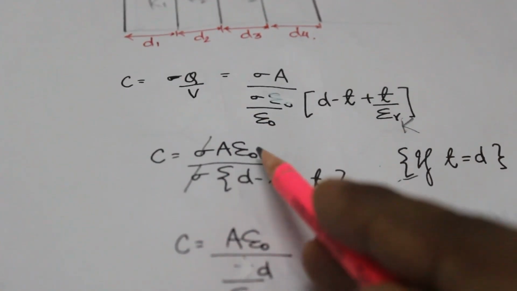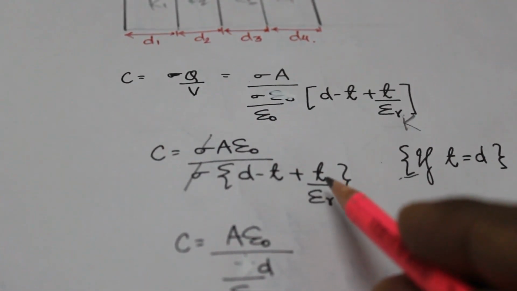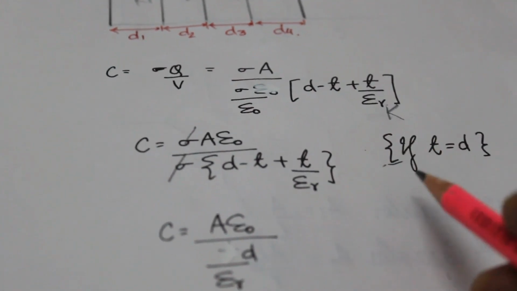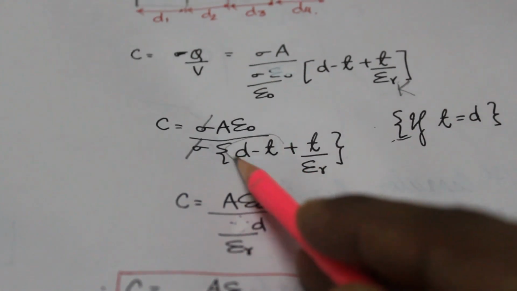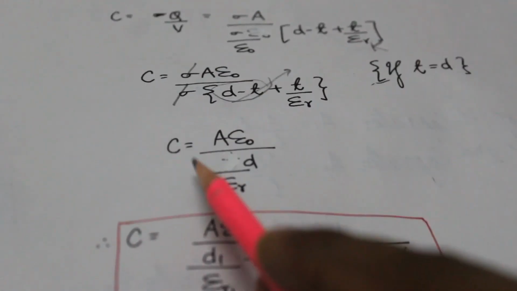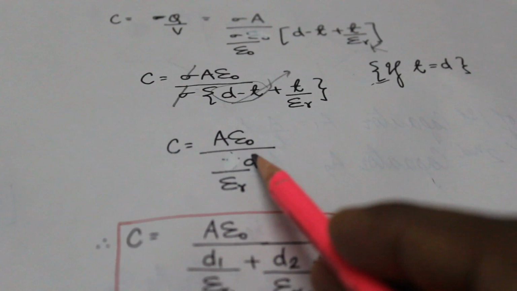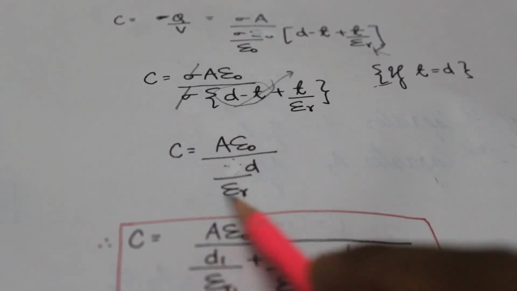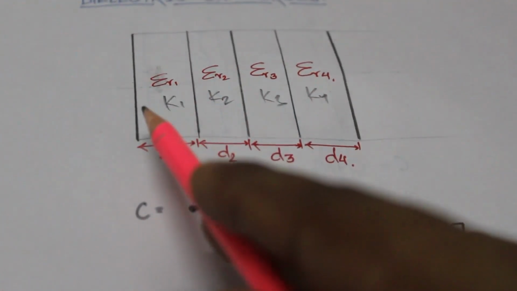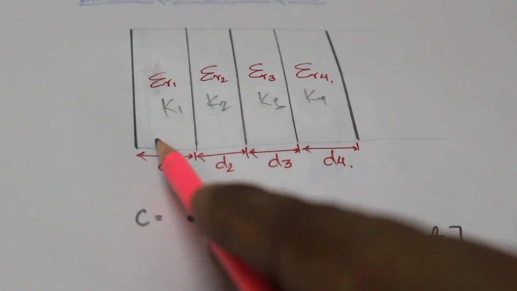So I get C is equal to A epsilon naught upon d minus t plus t upon epsilon R. If t is equal to d, this will become 0, and I'll get C is equal to A epsilon naught upon d by epsilon R.